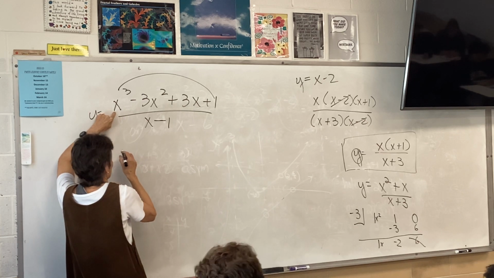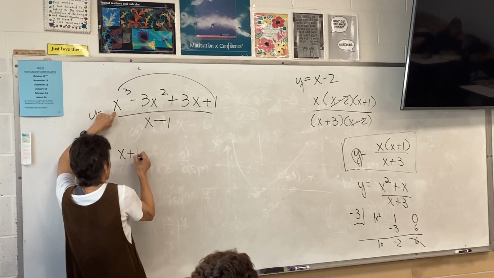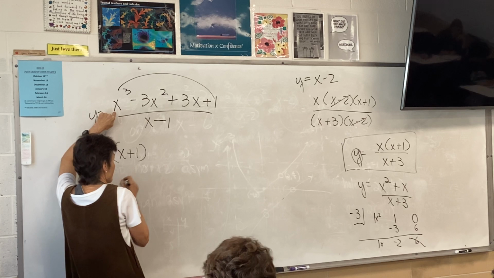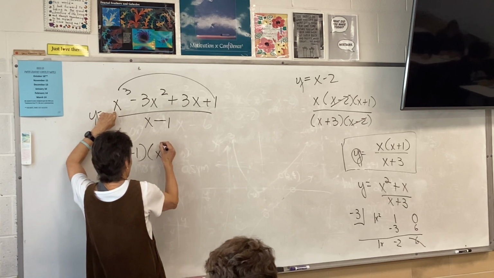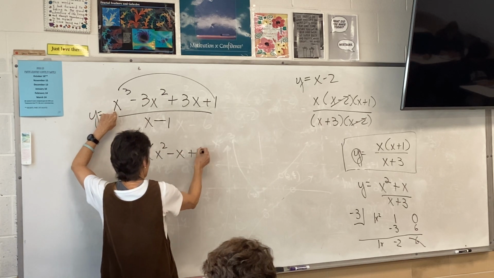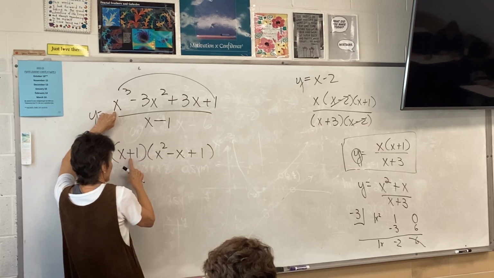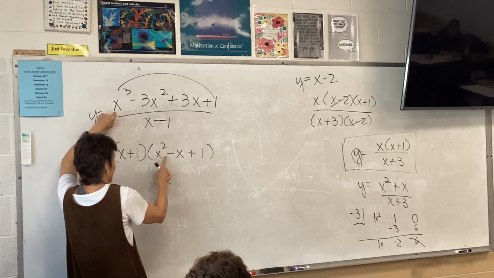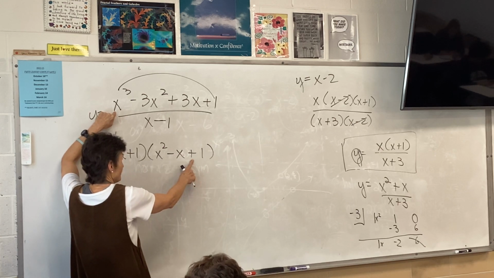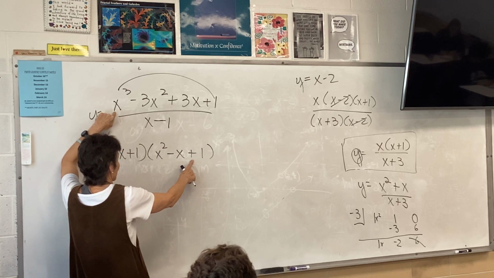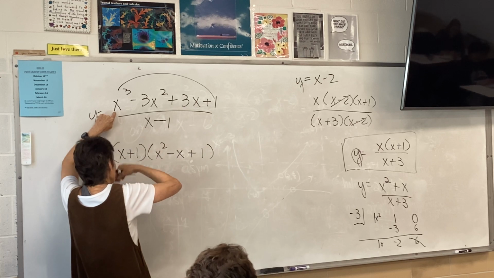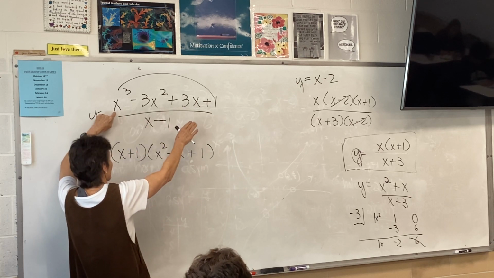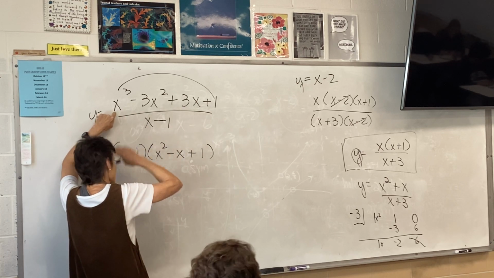How does x cubed plus 1 factor? x plus 1, x squared minus x plus 1. Same, opposite, always positive. So if you chose to factor by grouping, that's how you would start.